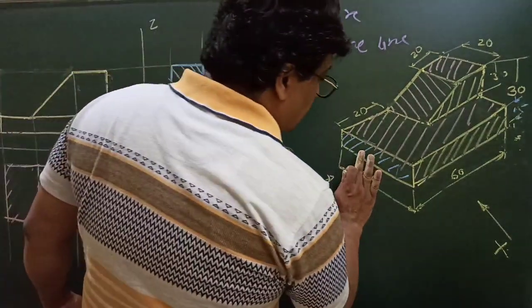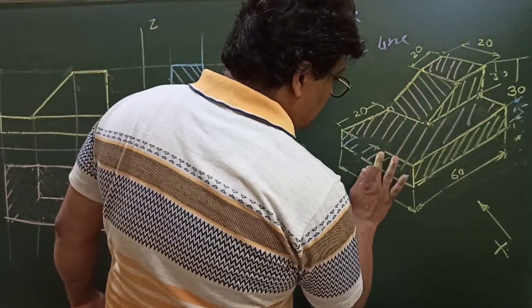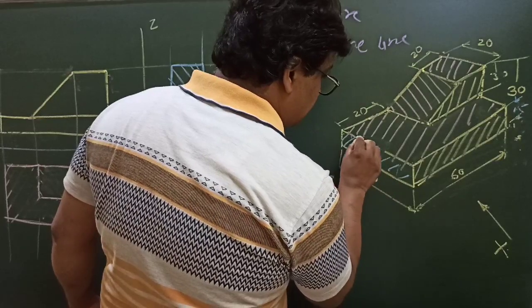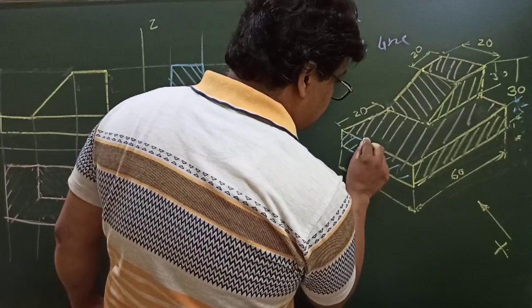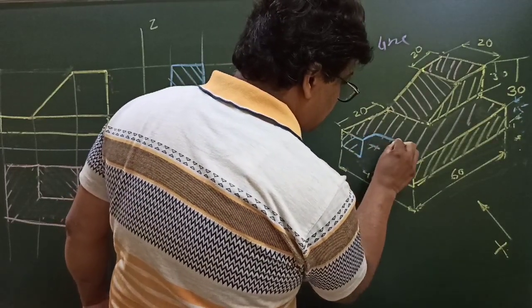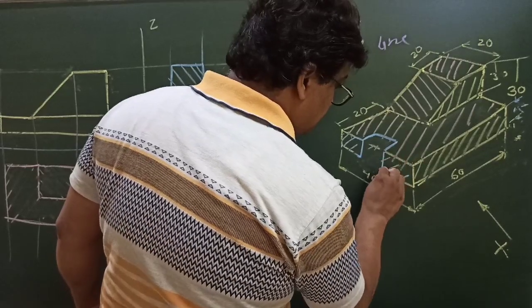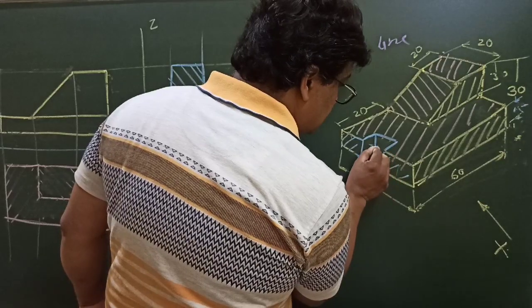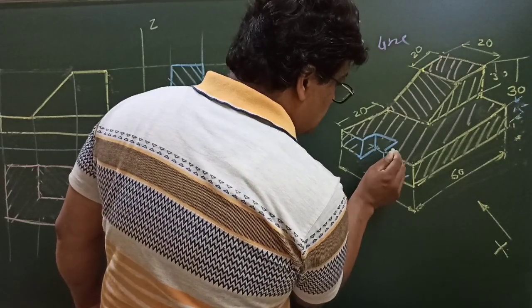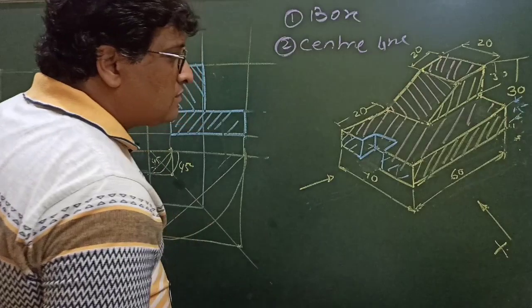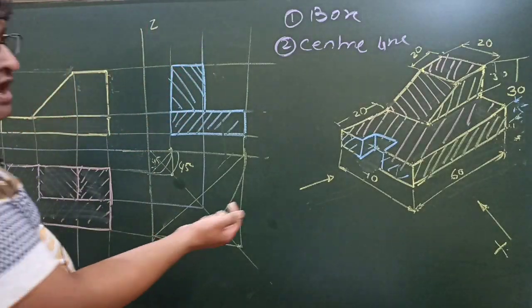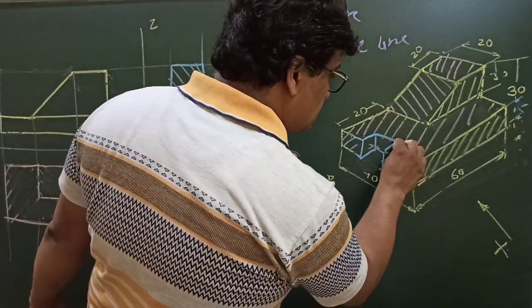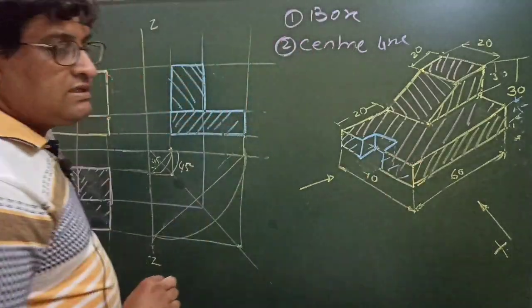Say for example in this diagram, if there would be a cut like this, say this is the cut, okay, so you have to show these lines using the hidden line.